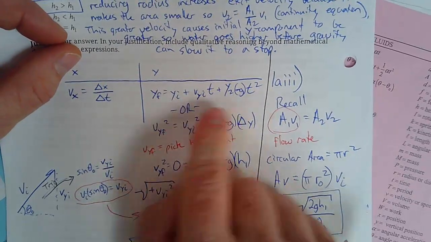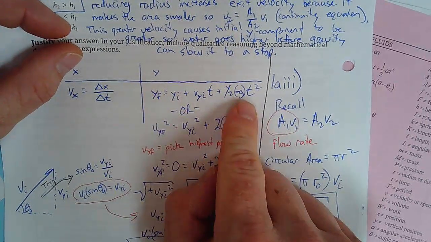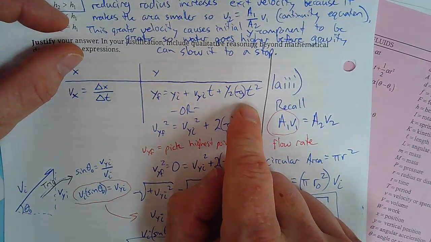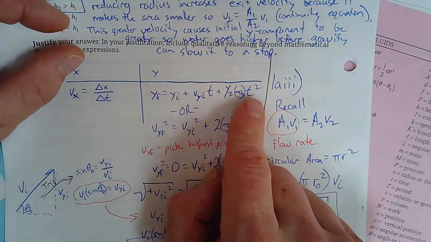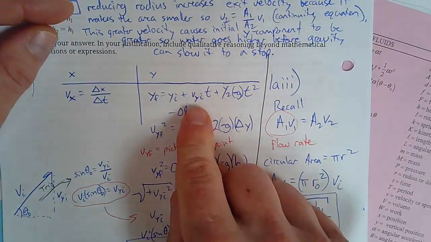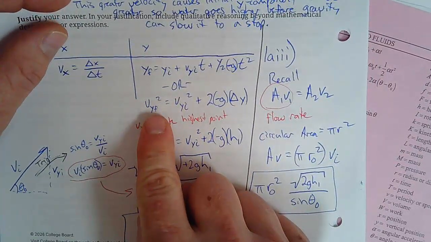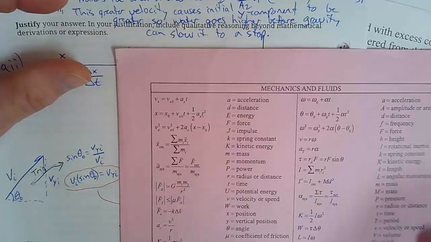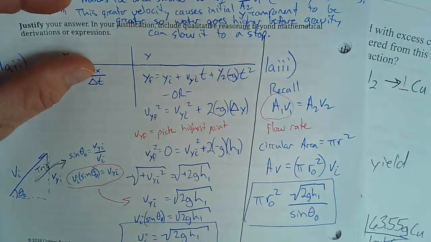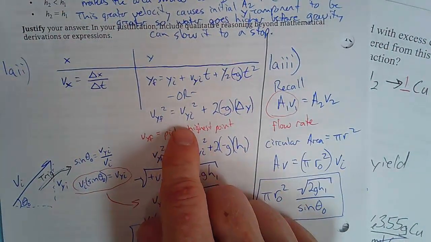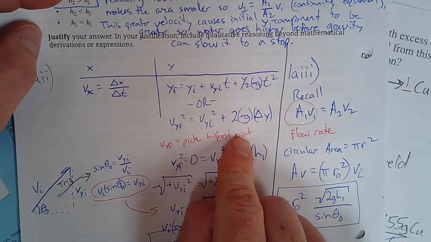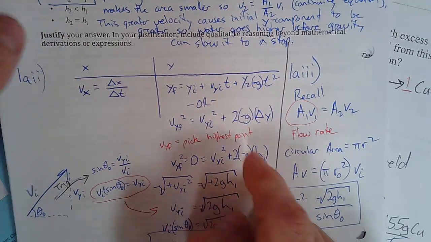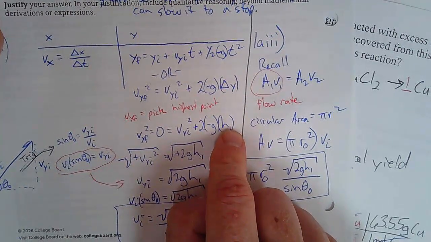I wrote down my 2 y direction equations, and at first I thought, you know what? I don't really have any info about time directly, so I decided that using that kinematics equation would probably be a better approach. And I also decided that picking the highest point would be appropriate because we wanted to use h1.